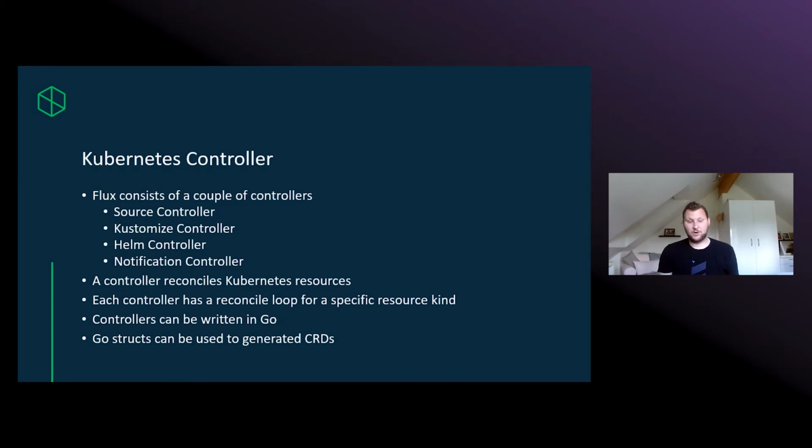And what a controller does is it takes a specific resource kind and does work based on it. So what it's doing is it's running what's called a reconcile loop. So it's waiting for a specific resource kind for an action to be acted upon it. If it's a new resource being created, updated, deleted, whatever, it will then do the actual actions based upon that resource.